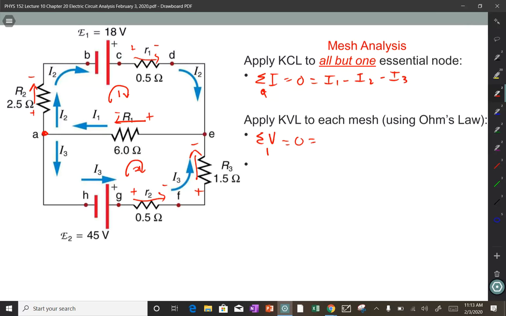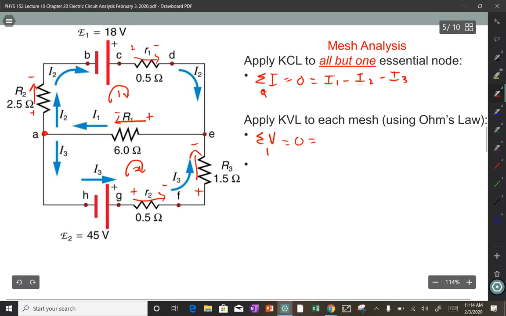So I start at the lower left-hand corner. Once again, an arbitrary decision that I do for uniformity. You're seeing a lot of things I do just to make sure I won't make a mistake. So I start at A, and I'm going to go clockwise. That's why I drew my arrows clockwise when I identified my meshes, because that's the way I'm going to go. So if I start at A and I go clockwise, the first thing I come to is R2.